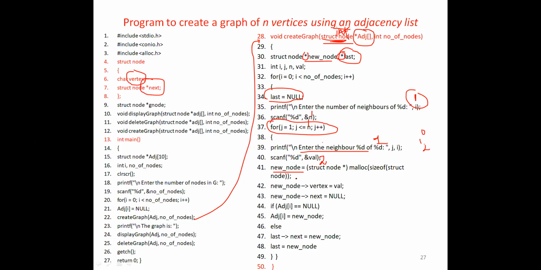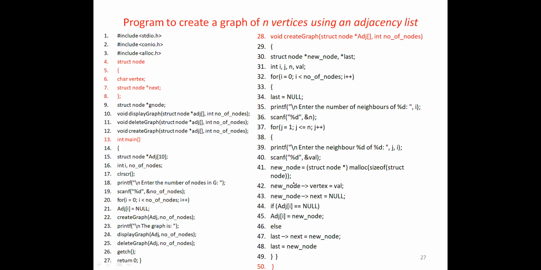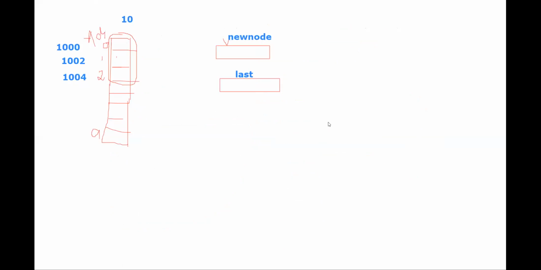So this you have seen, you are familiar with this line of code. Here you are going to create a new node, and its address is stored in the new node. What happens? The new node is created like this.